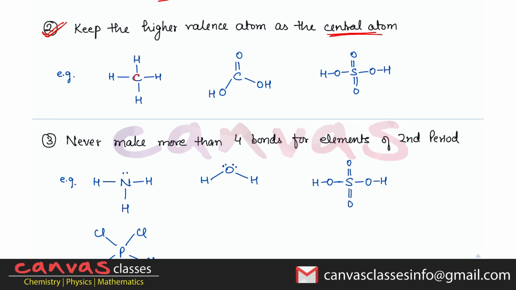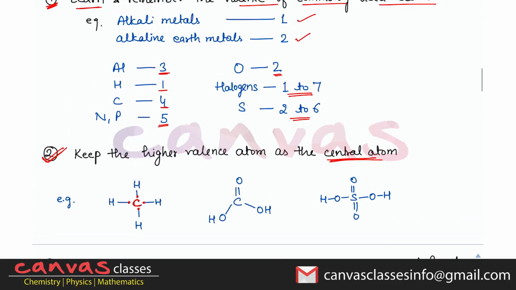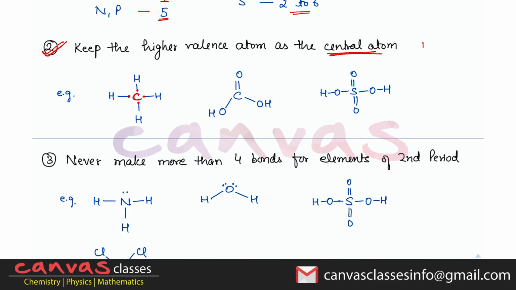For example, here CH4, the carbon has a valence of 4. It forms 4 bonds, but hydrogen can form only 1 bond. So that is why hydrogen and fluorine are always at the periphery, because they can never be at the center.